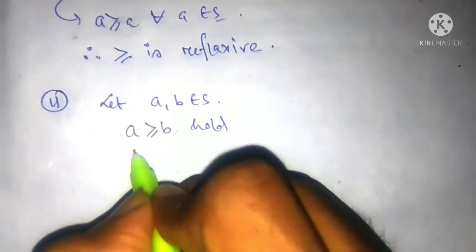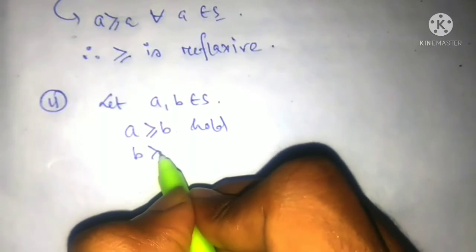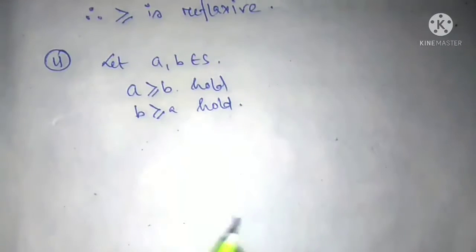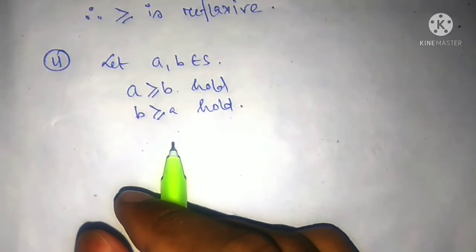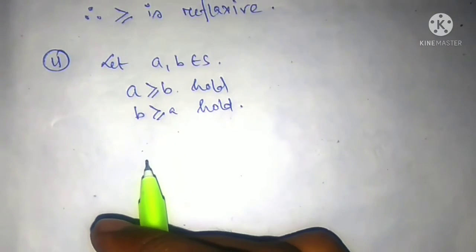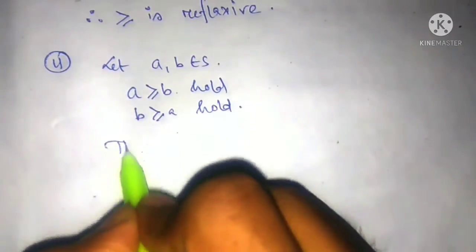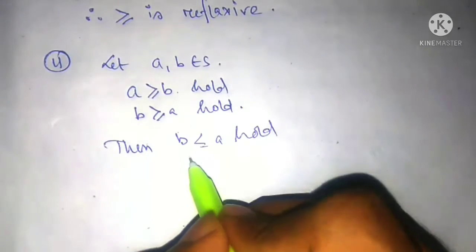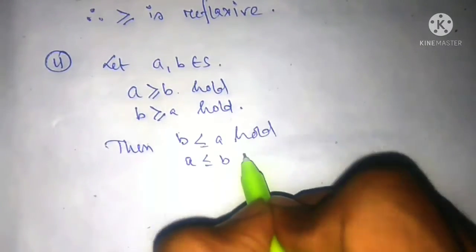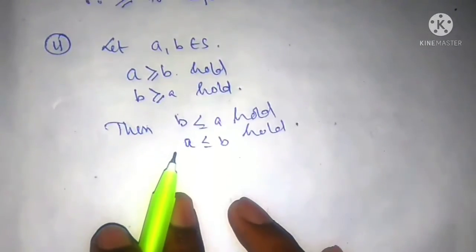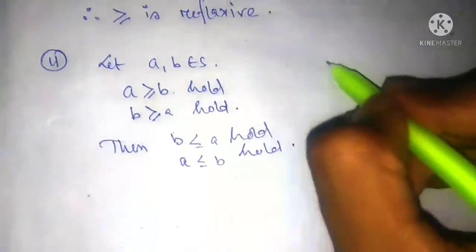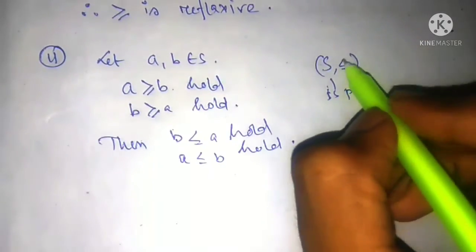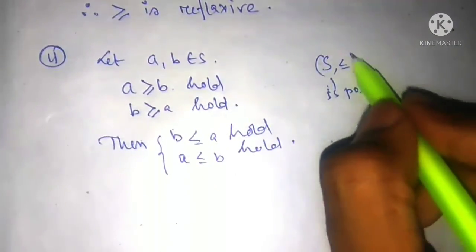The second is: let two elements a, b belong to S, and we know that a related to b holds and b related to a holds. Now we have to show that a is equal to b. Then b less than equal to a holds and a less than equal to b holds. Why? Since S with less than equal is a poset, this property must hold.